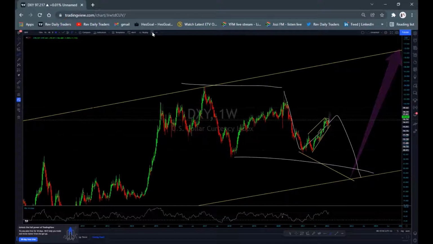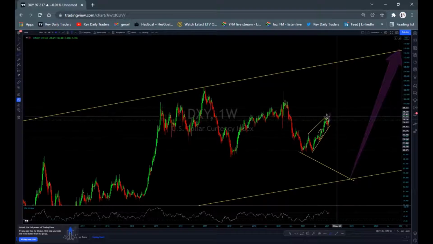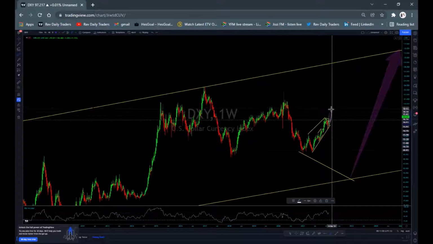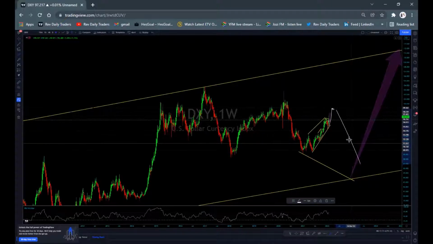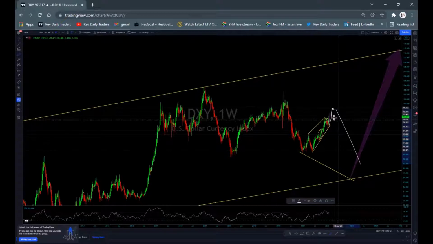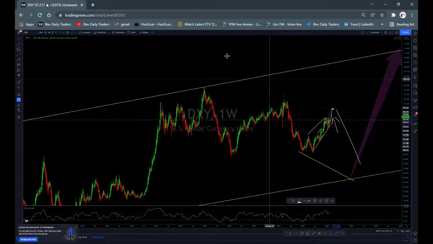But at the current state, we are looking at what is happening here. So here we'll expect this to come and take this price, then we can look for a drop on DXY, but at the current state we are still biased to upside. Upside is what we are seeing on DXY.